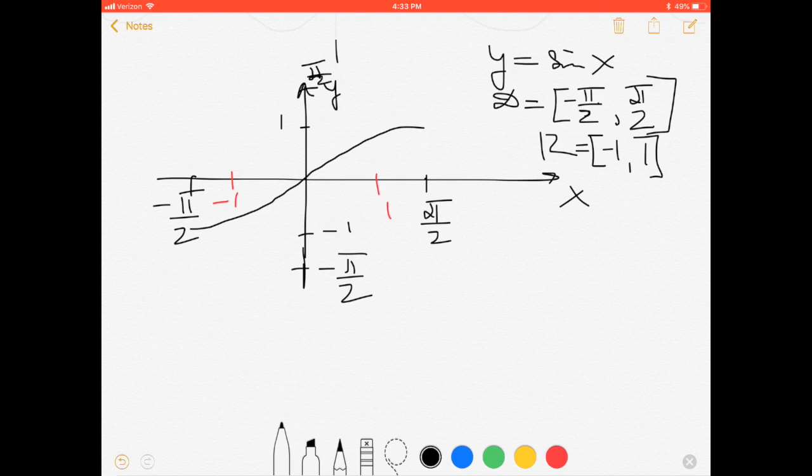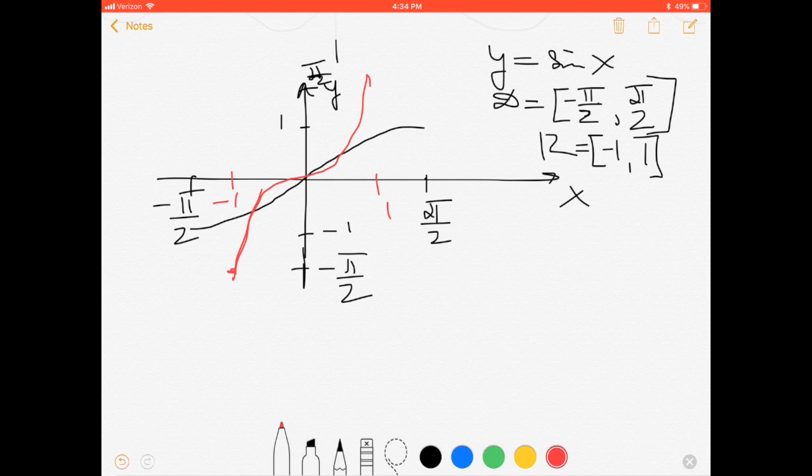Right? And now we build our graph. I'll use a different color. It will be something like this. The red graph is the inverse graph for the black one, the function sine x.